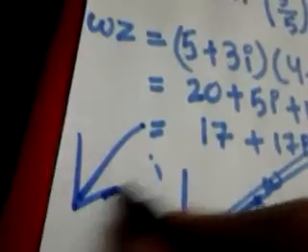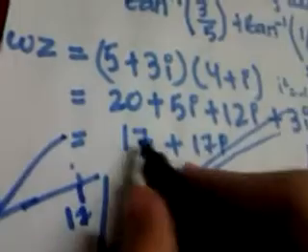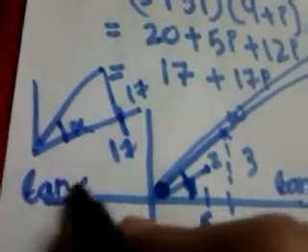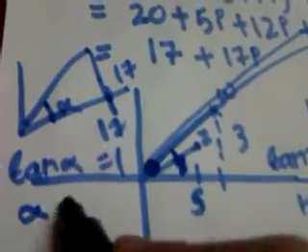Plot wz: 17 units real, 17 units imaginary. So the argument of wz is tan inverse. Let's say this is alpha, so tan alpha equals what? 17 by 17, 1. Alpha equals tan inverse 1.